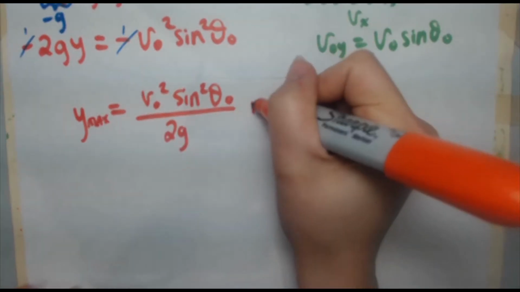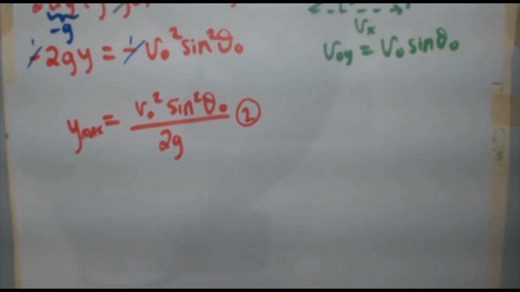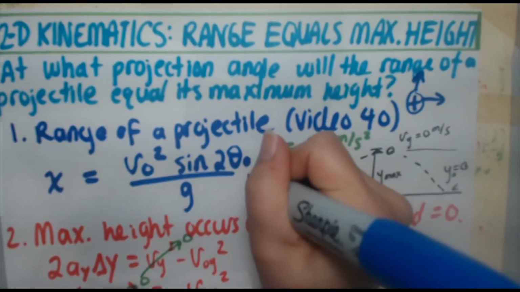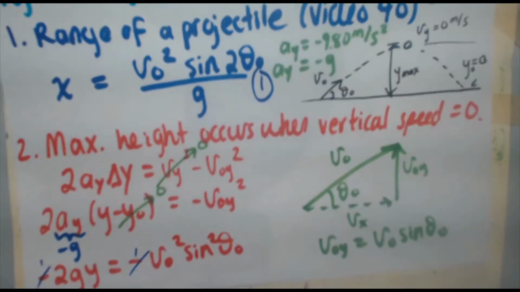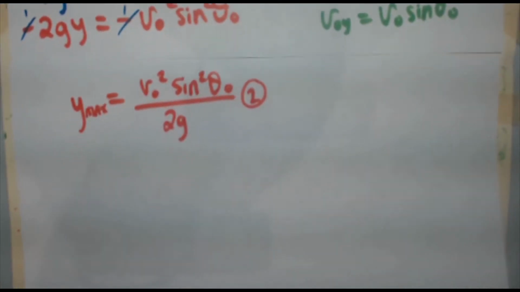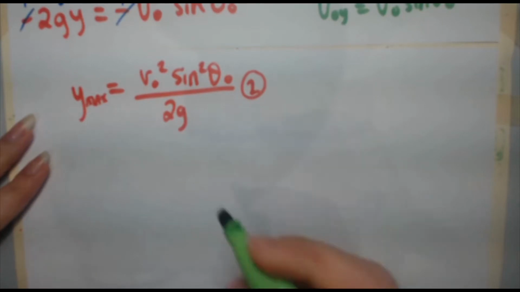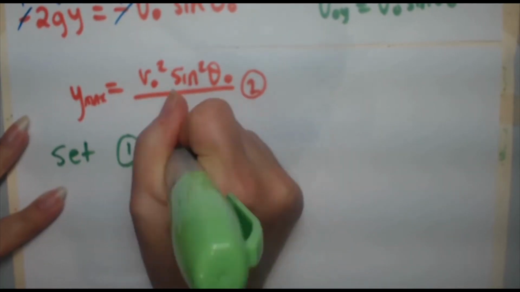So, if we call this equation 2, and our original kinematics equation that we derived for the range in video 40, equation 1, what we need to do at this point is set the two equations equal to each other. And we're going to then figure out what that angle is. So let's set 1 equal to 2.